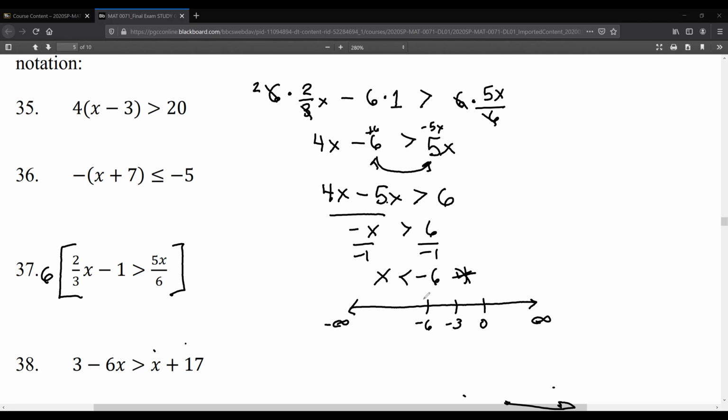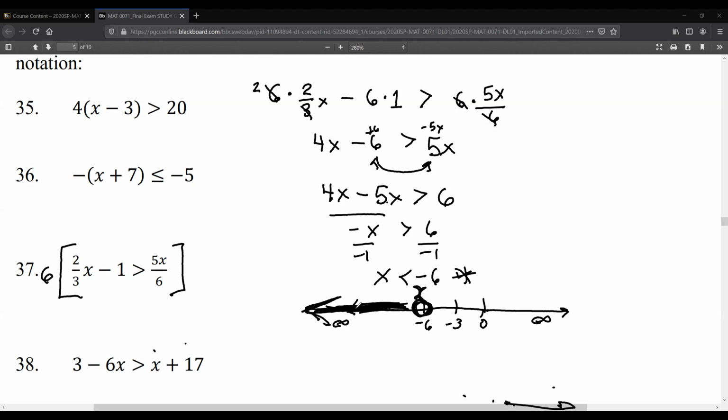On the computer, you may see an open circle here. They're either an open circle or parentheses. More importantly, x is less than, so that means it's going to be shaded in this direction, to the left here.